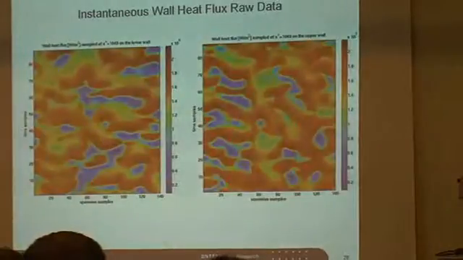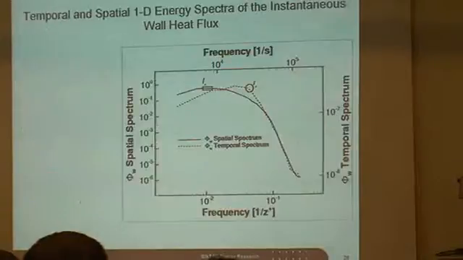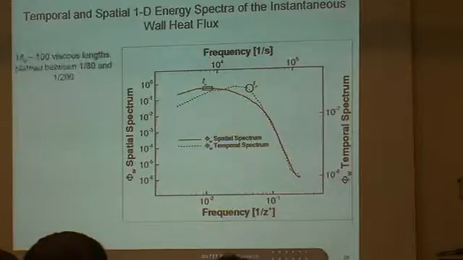Okay, so this is the time sample along this line for the lower and upper wall. We did the spectral analysis of this. The solid line is the spatial spectrum, and this is the temporal spectrum.